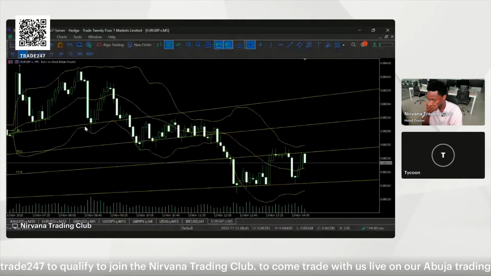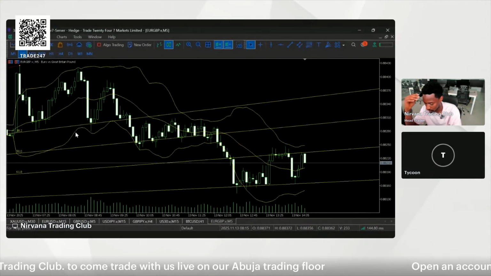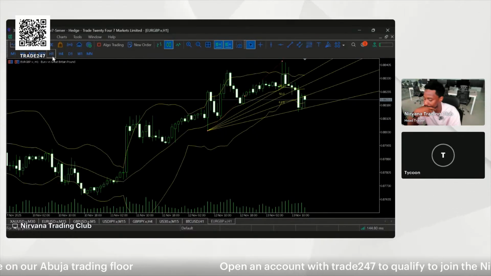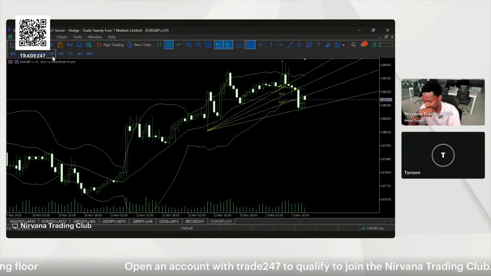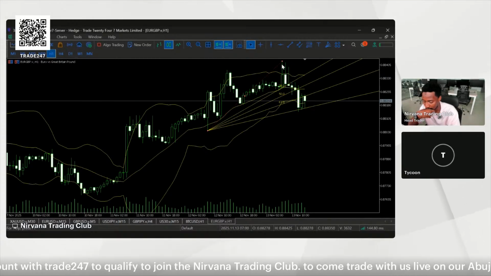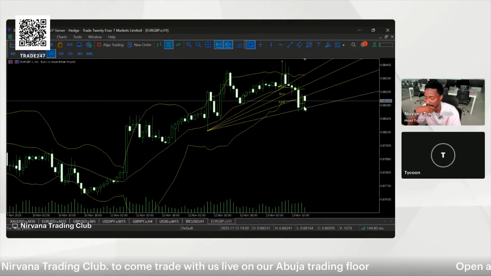So this is Euro GBP. Looking at the 1 hour time frame, it's been bullish all week, and currently there seems to be a retracement into the fib level.